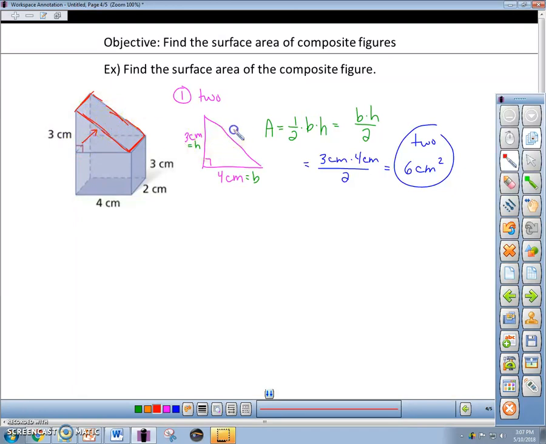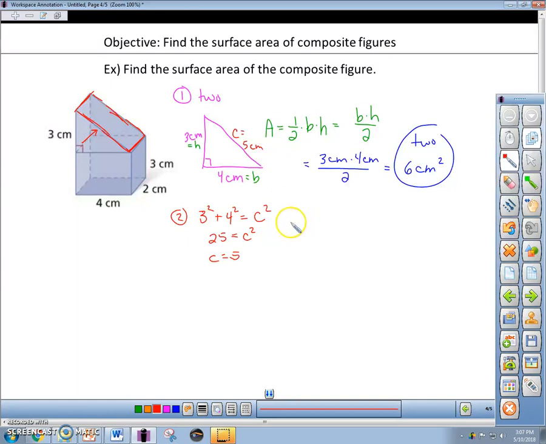So we're going to have to figure out what c is to help us with the area of that rectangle. So a squared plus b squared equals c squared, my a and my b being the 3 and the 4. So 3 squared plus 4 squared equals c squared. And that's 25. And so c would be 5 centimeters. So that's this side.